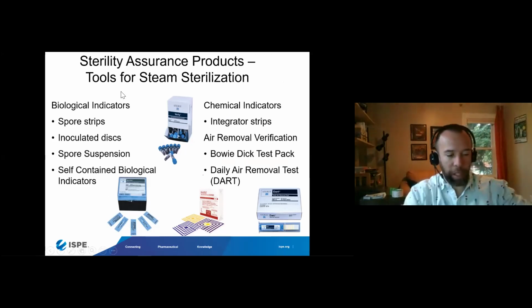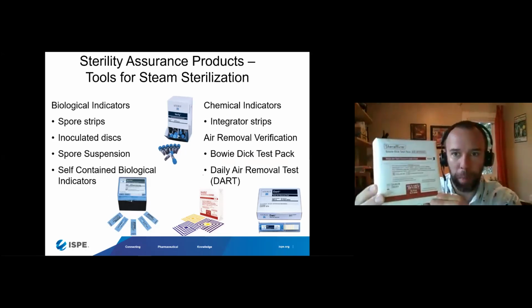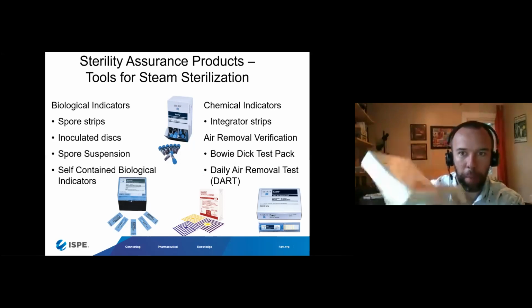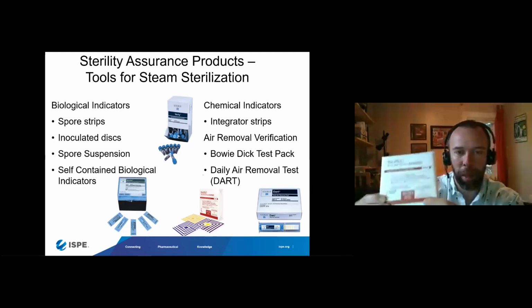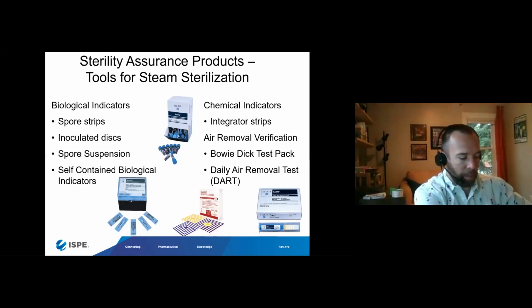Okay, lastly, I just want to talk about a couple chemical indicators, specifically the Bowie-Dick test pack. This is to confirm that you have complete air removal through the pre-vacuum cycle in the autoclave. This pack is placed within the sterilizer in an empty chamber and run with a Bowie-Dick test cycle, a specific cycle to confirm performance of the autoclave.